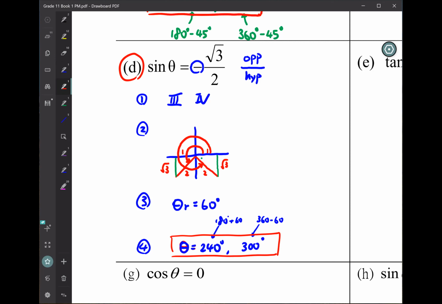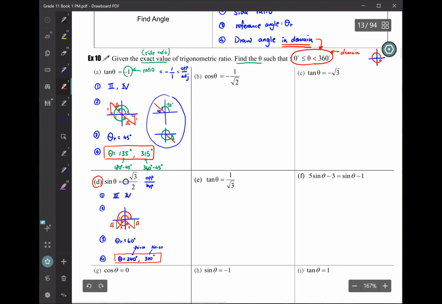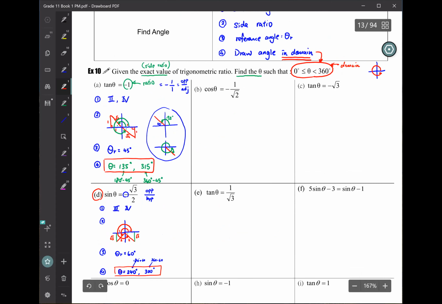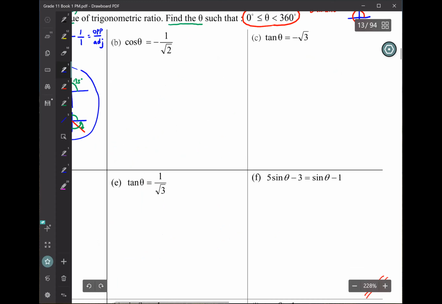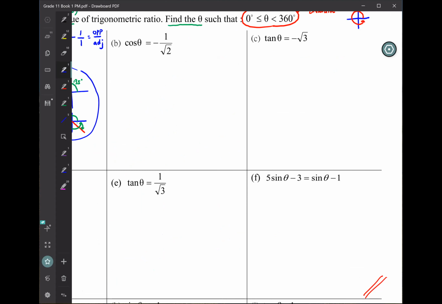Okay, Marcus, do you have any questions about this one? No. Okay. So I'm gonna let you guys finish the other four questions up to question F. Now if you look at question F, you can see that you have sine on each side, right? So pretend the sine theta is like a variable. Look at this question as 5x minus 3 equals x minus 1, okay? So this is a hint.